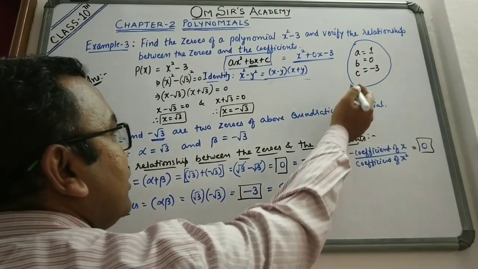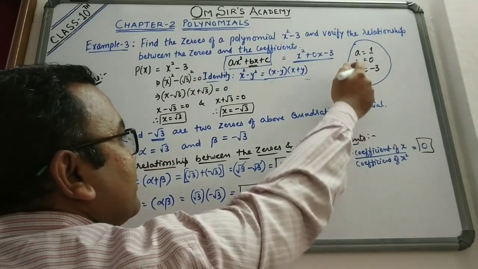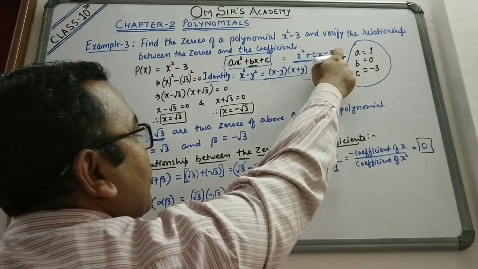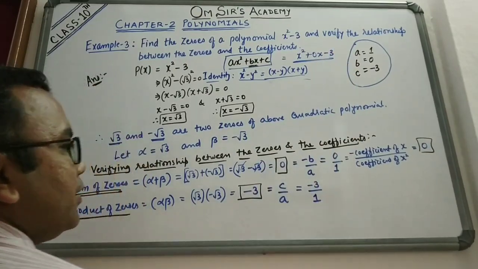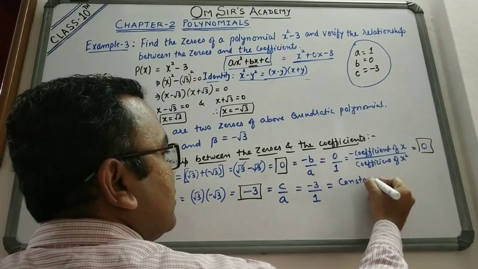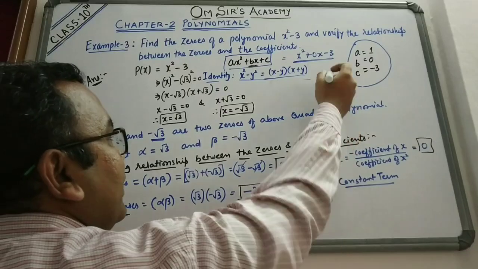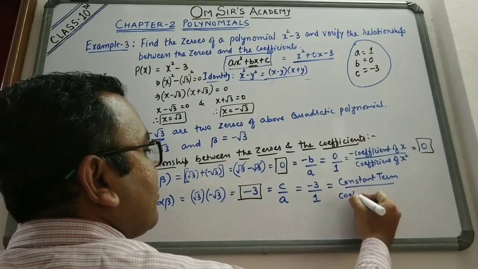So what is C over here? C is minus 3. Okay, so C is minus 3 and A is what? 1. Is it clear? And what is C? C is the constant term upon A. A is what? The coefficient of x square.